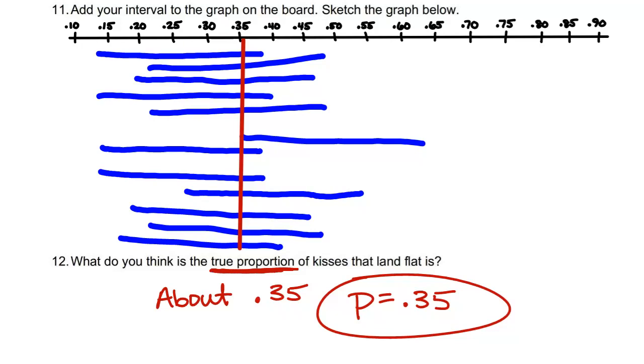We believe the true proportion is about 0.35 from what we see. So once you have this sketched into your notes, we're going to go ahead and flip over to page 9. This is going to wrap up what we were working on yesterday.